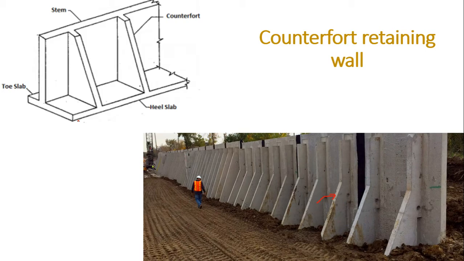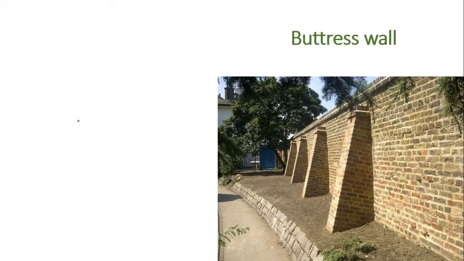Okay, next we have the buttress wall. Again, a question may arise in mind, this is just similar to the counterfort. Yes, the structure is similar to the counterfort, but the position of that supporting projection is on the opposite side.